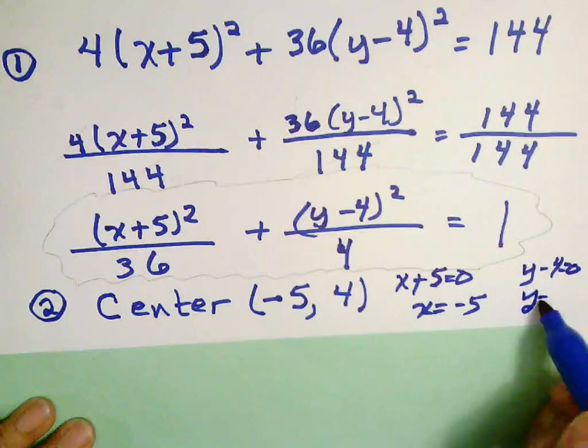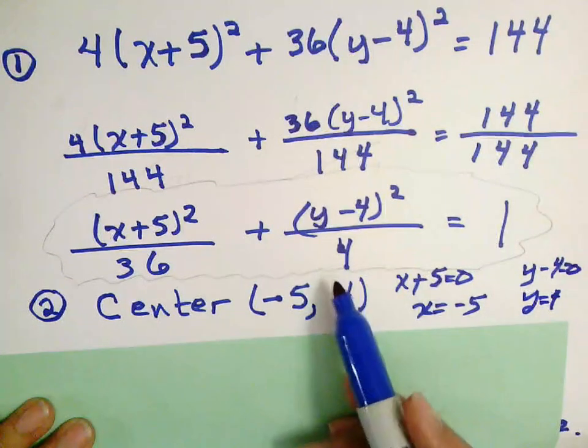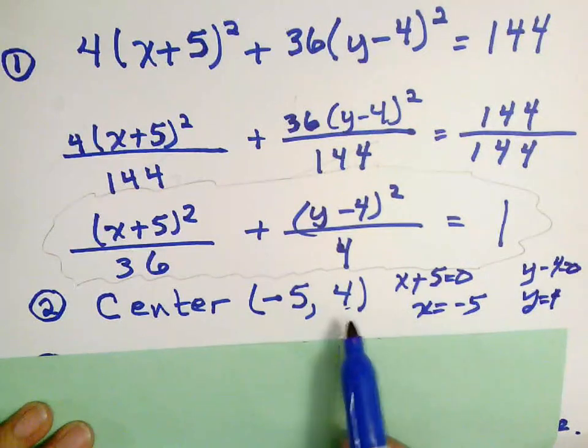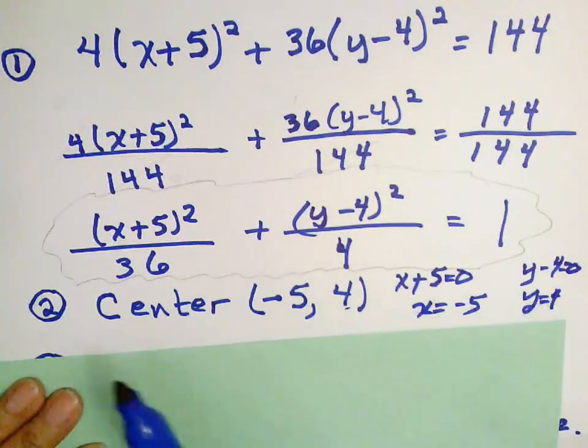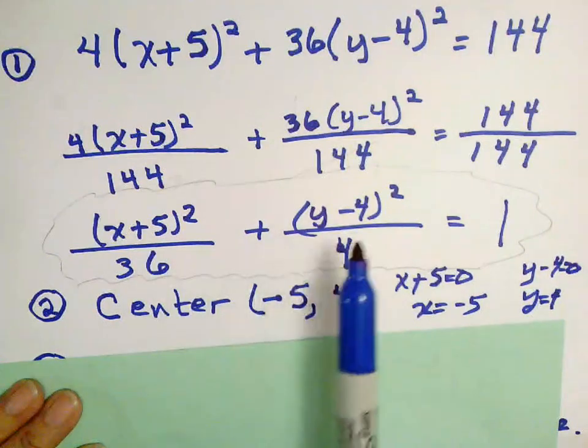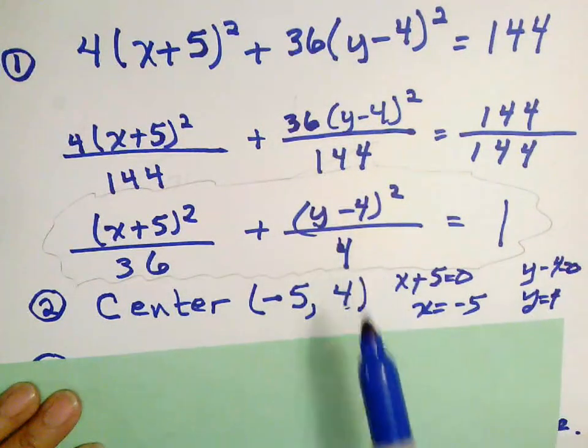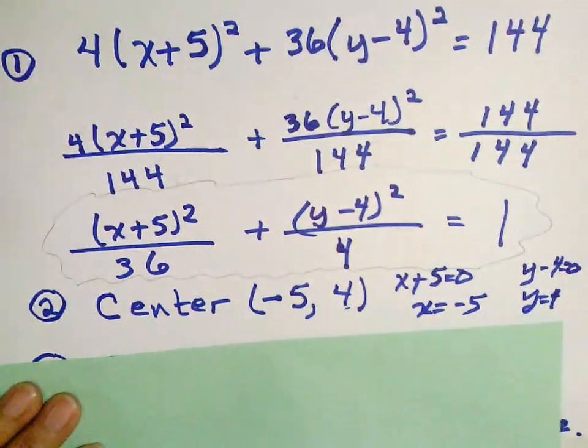So y is equal to 4. And that's how we got the 4 for our y coordinate of the center. And a shortcut that I told you is just to take the opposite of the numbers inside. This is a +5, it becomes a -5. It's a -4, it becomes a +4. So that's one way to do that.